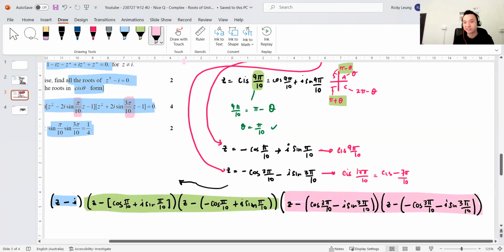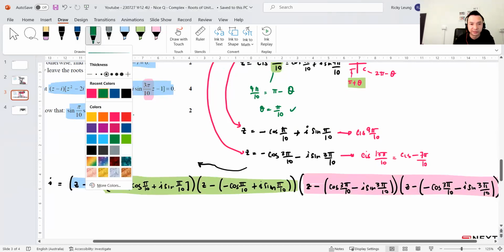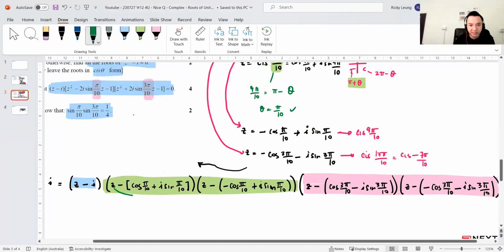What do I mean by matching? They've got the same angle, and check this out, this next part's important. Because when I expand using rainbows, let's do the green one first. z times z, actually I do one over the top. z times z is z squared. And then I have z times this guy, and this guy times z, and this guy times his conjugate.